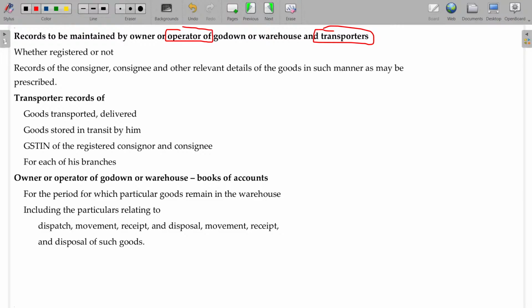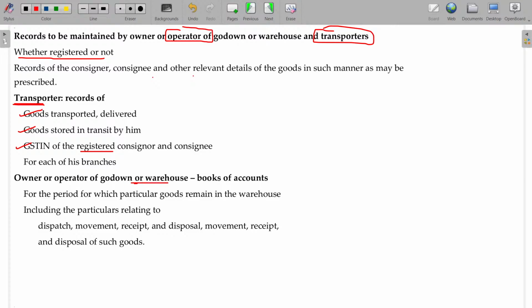So I need to maintain the documents related to the goods here. I need not be a registered person here. Records of the consignor, consignee and other relevant details of the goods are to be maintained in such a manner as may be prescribed. For a transporter: goods transported, delivered, stored in transit, GST number of registered consignor and consignee for each of his branches. If I have 10 branches, I have to maintain all these things for every branch.